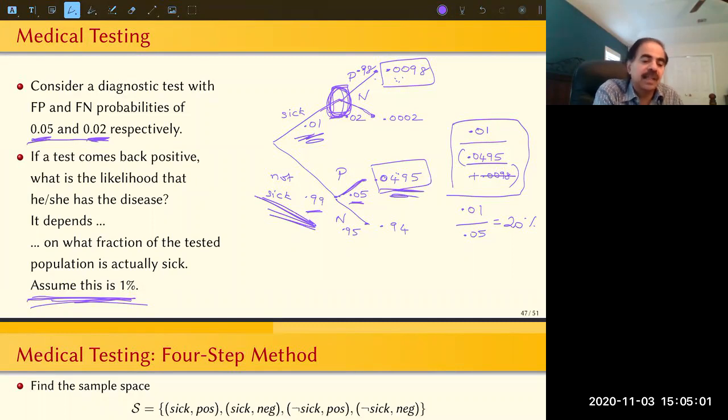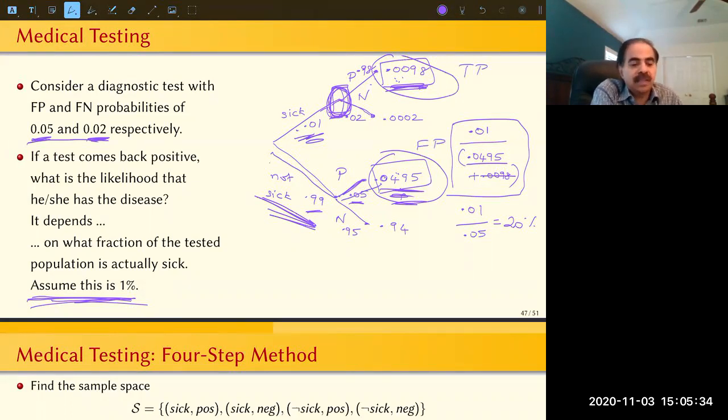And as a result, when you add the false positives that you get here with the true positives that you get here, it is the false positives that dominate because they are about 5 times as much as the true positives, right? So this is a true positive because you are sick and the test comes out positive. You are not sick here and then the test comes out positive, so these are your false positives, right?